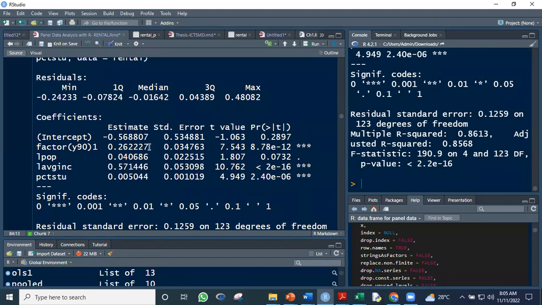This is interpreted in relation to 1980. All right, so I hope that's clear, class.